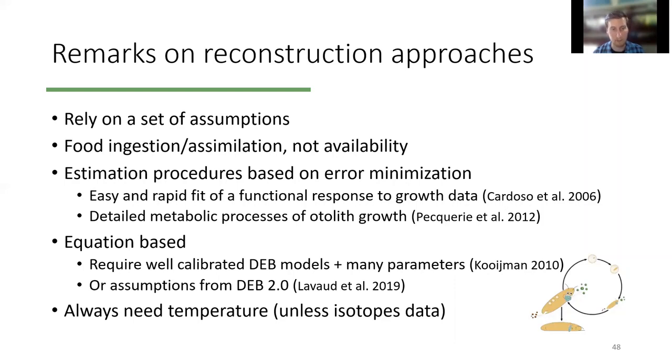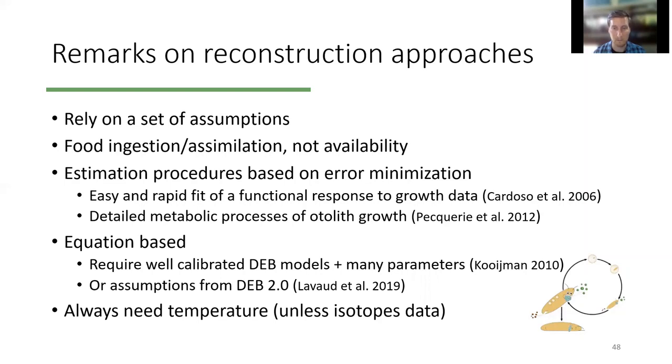Then you have approaches that, I shouldn't say equation-based, because all of these are, but that really rely on an inversion or rewriting of the equations of the DEB model. Usually they require more and well-calibrated parameters.